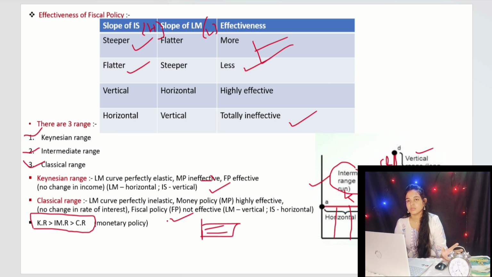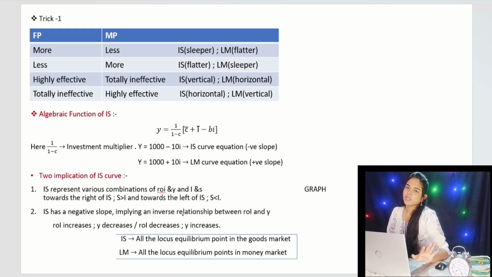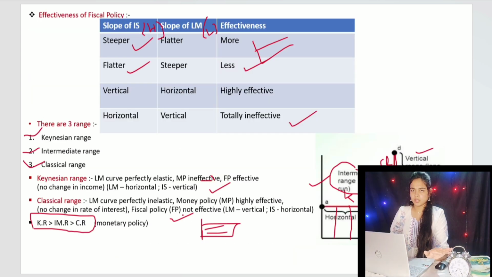After that, it expired because of the global financial crisis. And the intermediate range is in between the classical and the Keynesian, where monetary policy is moderately effective.